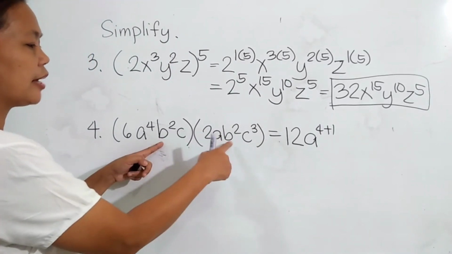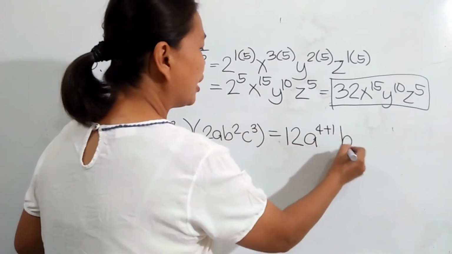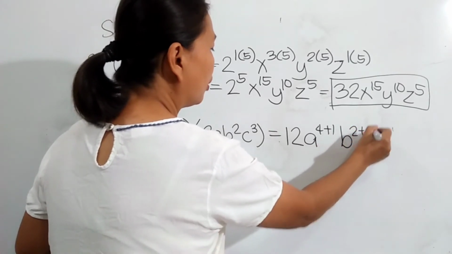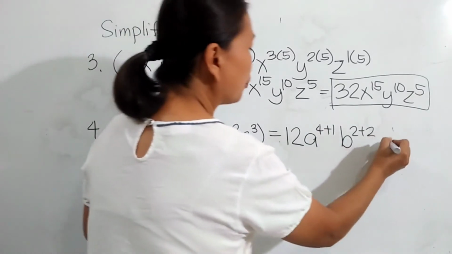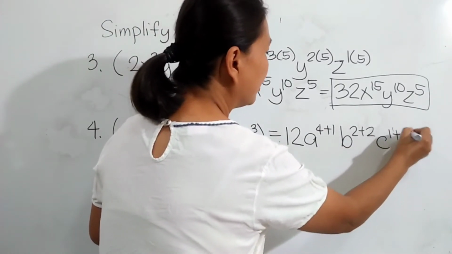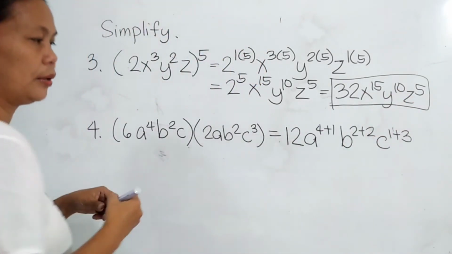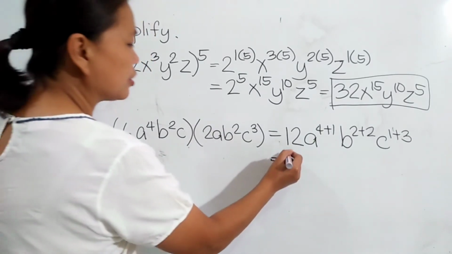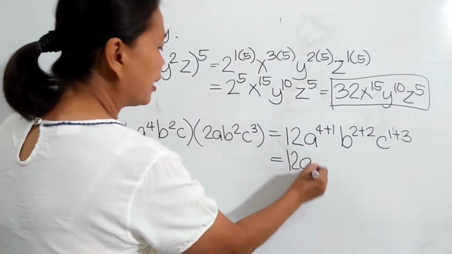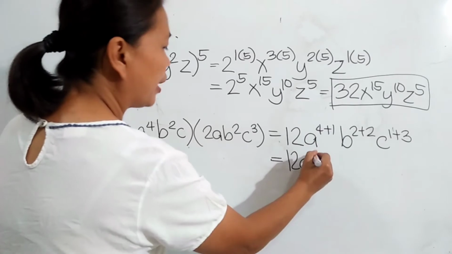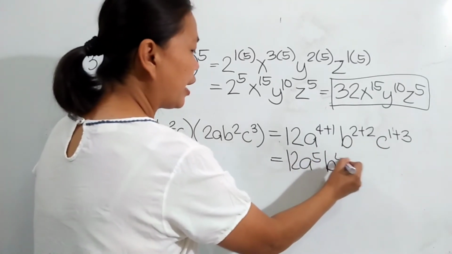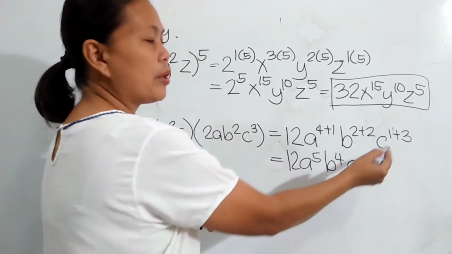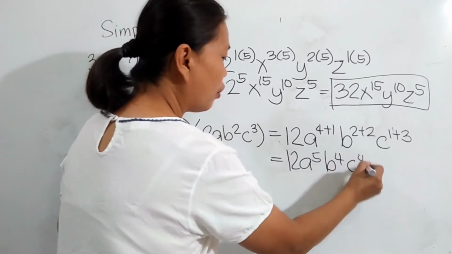Then b squared times b squared, so we will have b raised to 2 plus 2. Then we have here c times c cubed, so we have c raised to 1 plus 3. Okay? Then let us simplify. So we have here 12a raised to 4 plus 1, we have 5. b raised to 2 plus 2, we have 4. And c, we have here 1 plus 3, 4.